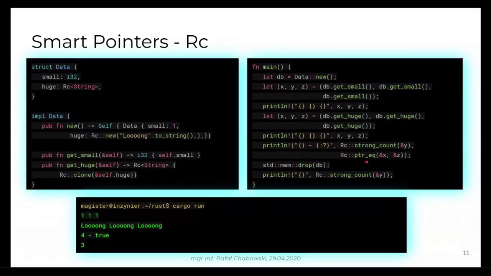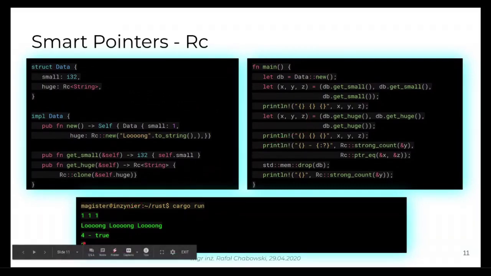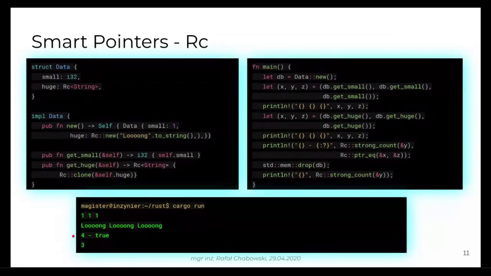We can use the ptr_eq function to double check if we are really pointing to exactly the same location. And if we, for example, at this point drop the database, this Rc will get destroyed, but the string will remain intact for these 3 guys to use. But as you can see, the strong reference count will now be 3.